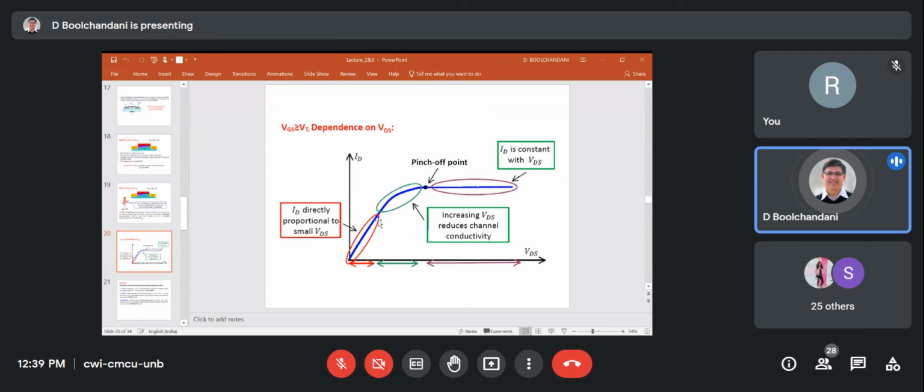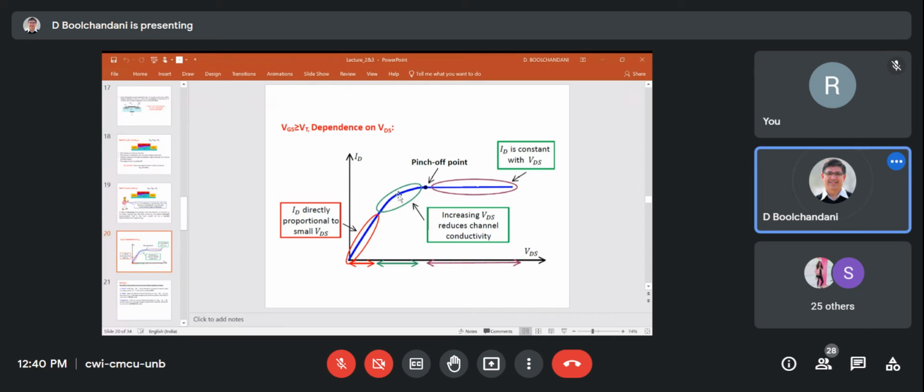So when your VDS is less than VGS minus VT, it behaves as a resistance. You have a linear relationship between ID and VDS, right? It is only when VDS starts increasing and becomes nearer to VGS minus VT that we'll see your channel width near the drain region starts decreasing and its conductivity starts reducing.